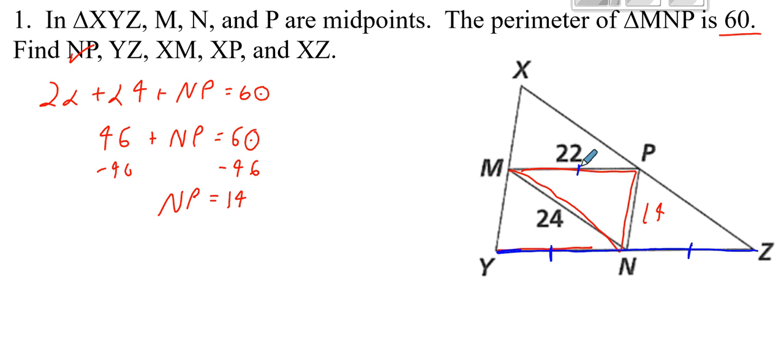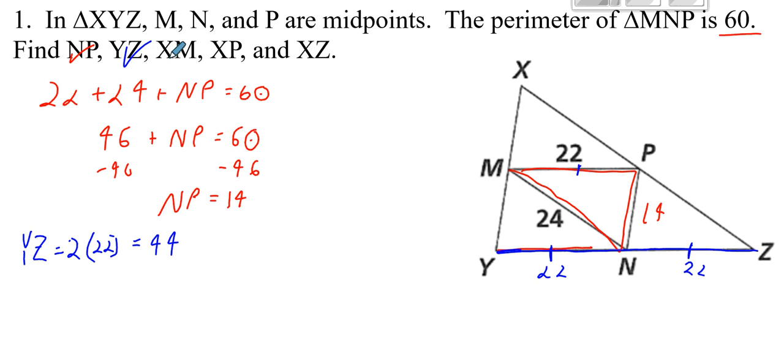So if YN is 22 and NZ is 22, YZ is equal to 2 times our midsegment of 22. So that is 44.